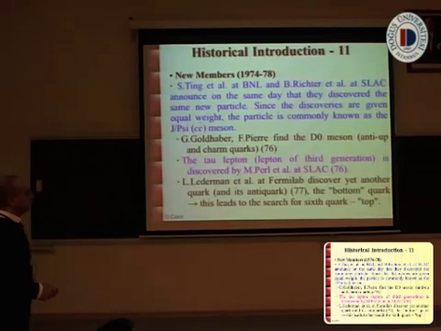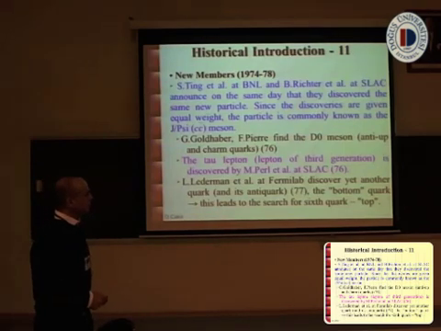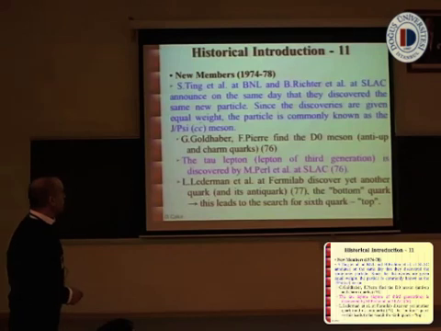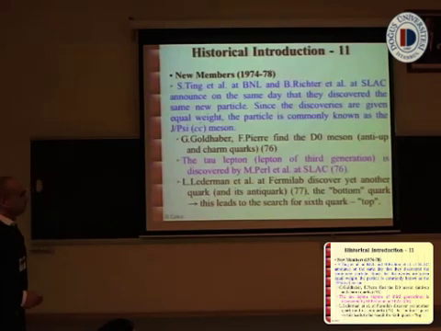The tau lepton is found at SLAC in 76, and Lederman at Fermilab discovered the bottom quark in an experiment, and this leads to the search for the sixth quark.